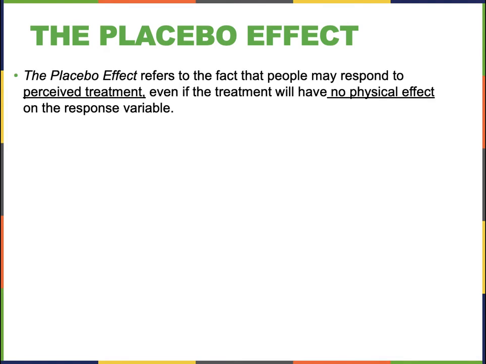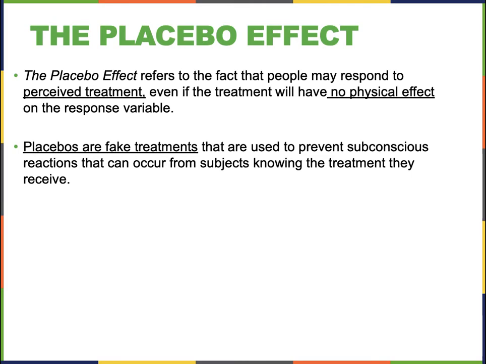The placebo effect refers to the fact that people may respond to perceived treatment, meaning treatment that they think they're getting, even if the treatment will have no physical effect on the response variable. Placebos are basically fake treatments, and they're used to prevent subconscious reactions that can occur when subjects know the treatment that they are receiving.